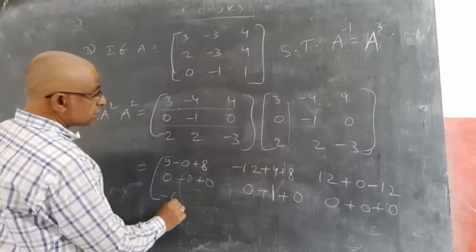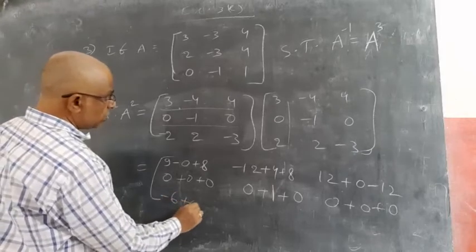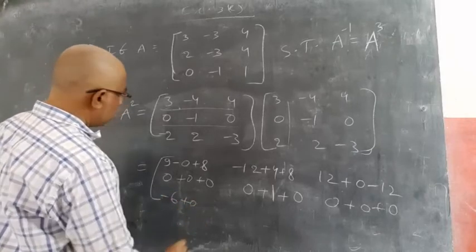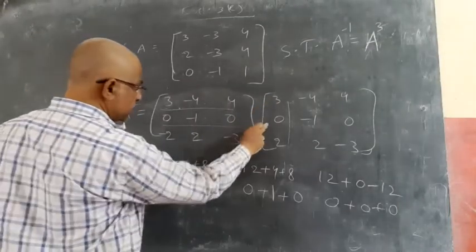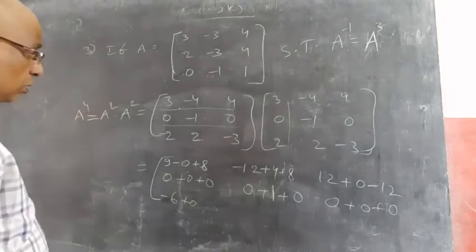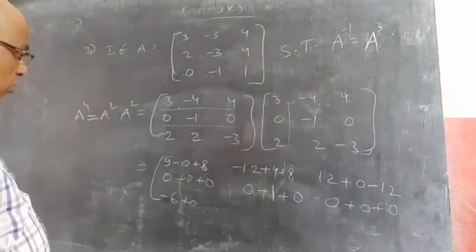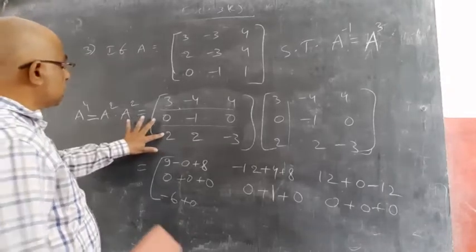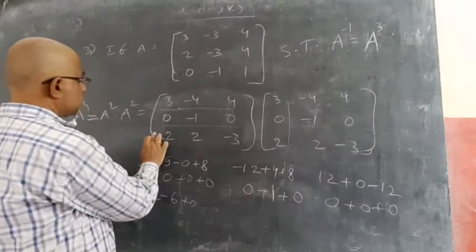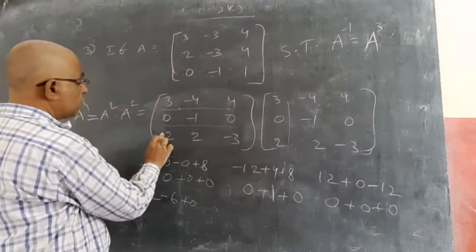Minus 6 plus 0. This is minus 6 plus 0 plus 2. This is actually bracket, I am considering minus.